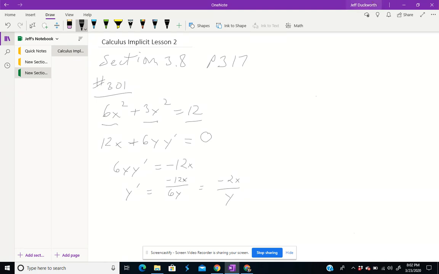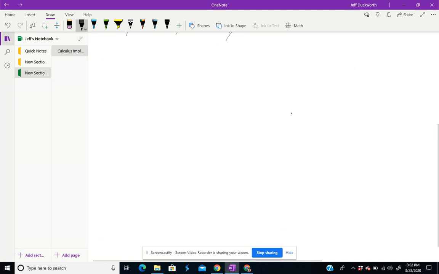All right, so I'm going to scroll down a little bit. And let's do problem number 305. Same page. All right, so this reads y times the quantity root x plus 4 equals x times y plus 8.